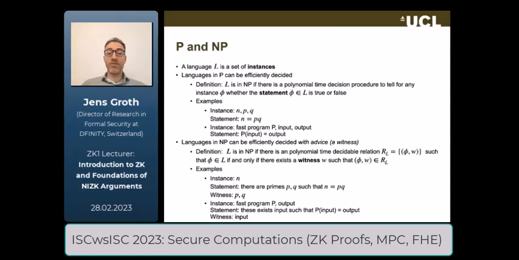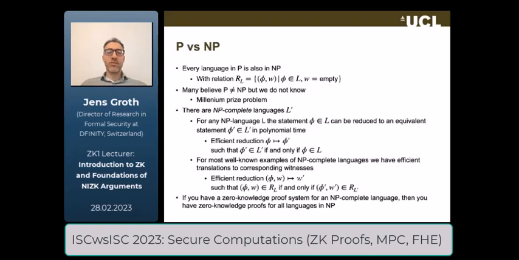But if you don't know the input, then it might actually be very hard to check, even if it's a fast and efficiently computable program. It's pretty clear that if a language is in P, then it's also in NP, because if you can decide it efficiently without a witness, you could just use the empty string as the witness.